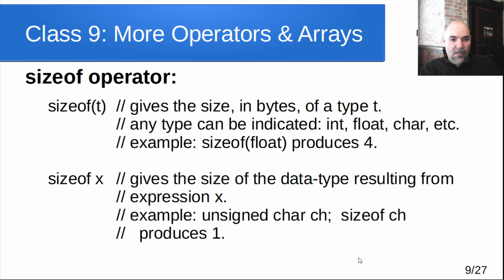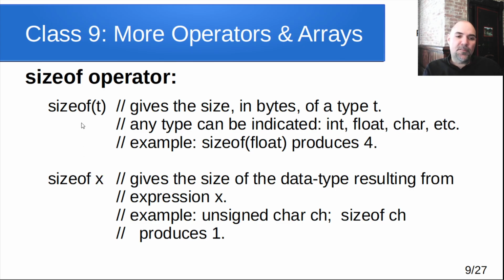Okay, sizeof operator. The sizeof operator, even though this looks like a function call, it's not. This is an operator that's built into the C language, and what it does is it gives you the size in bytes of some type, or you can use sizeof on an actual variable of some sort, or an expression of some sort that you could put in there.